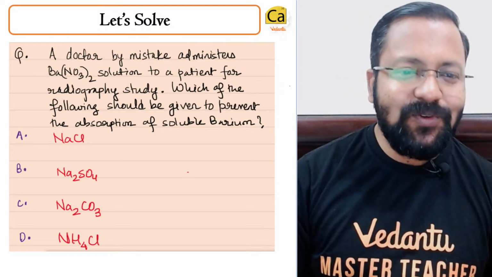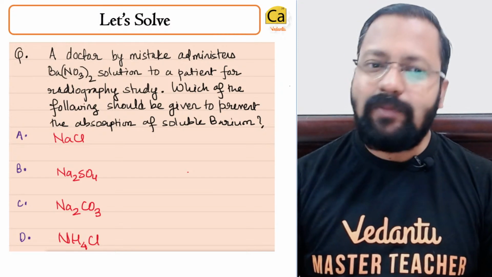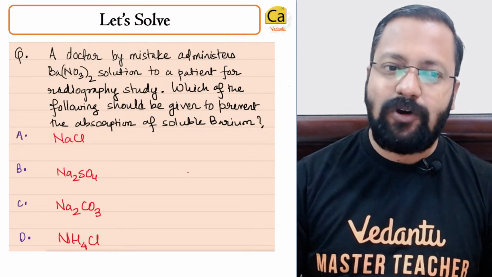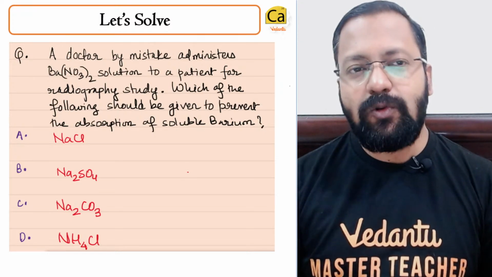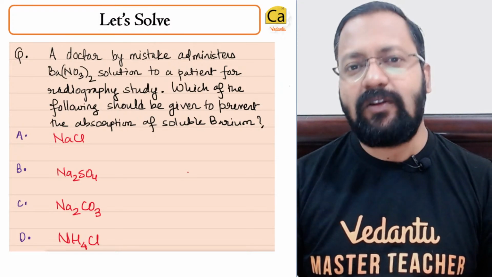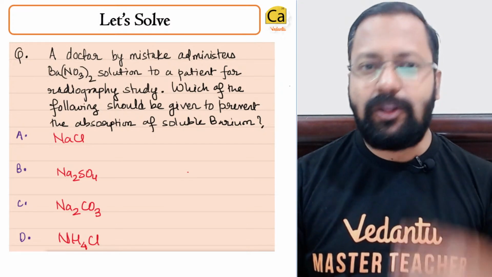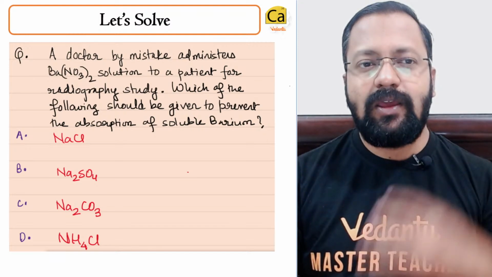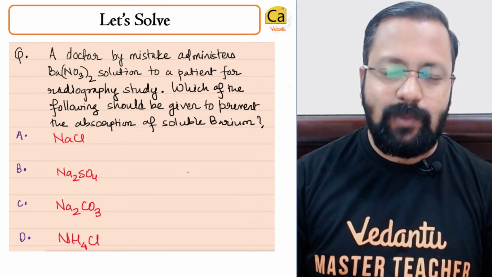Okay, very interesting one. A doctor by mistake administers barium nitrate solution to a patient for radiographical study. In fact, when we try to identify bone density and tumors in the body, the doctors will do a radiochemical examination.